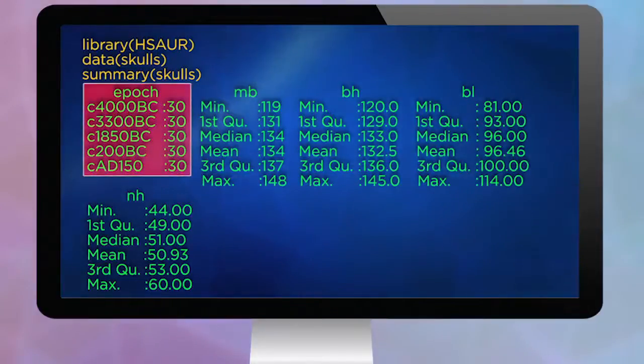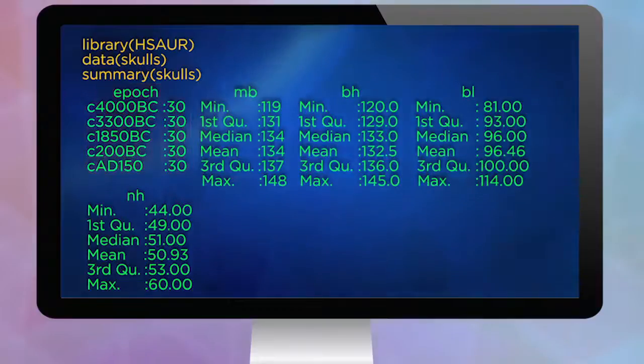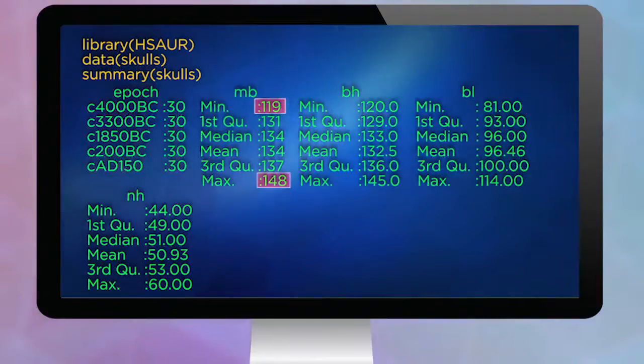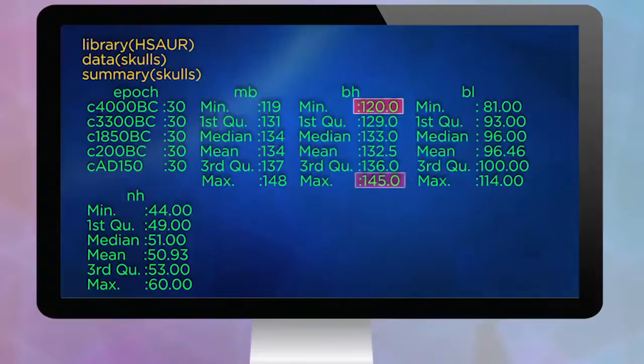So each of our times, the 4 BC times and the 1 AD time. And notice that for each of those times, we have 30 data points. And here you see the range of MB from 119 to 148 with an average of 134. BH from 120 to 145 with an average of 132.5.